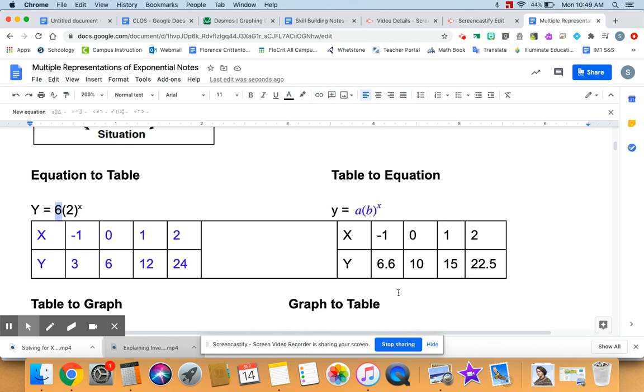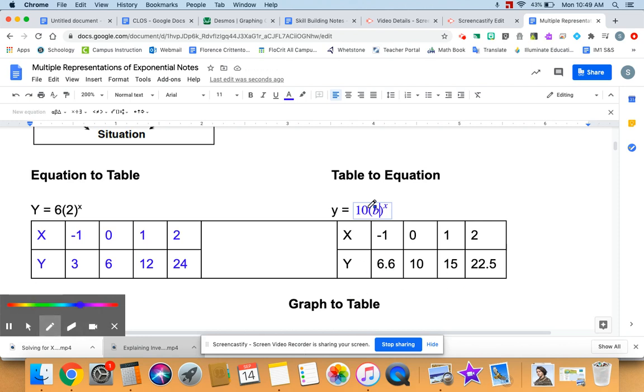So in this one, when you find where x is 0, what is the y? 10, so our starting amount's 10. Then to figure out the b, the multiplier, you can take any number you want. I'm going to start with 10. 10 times something, whatever that b is going to be 15. Whatever that b is.